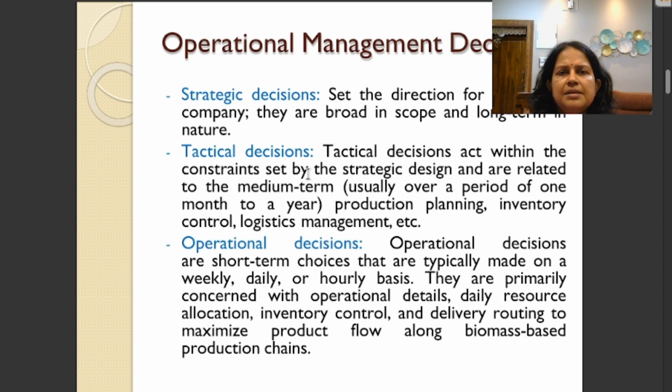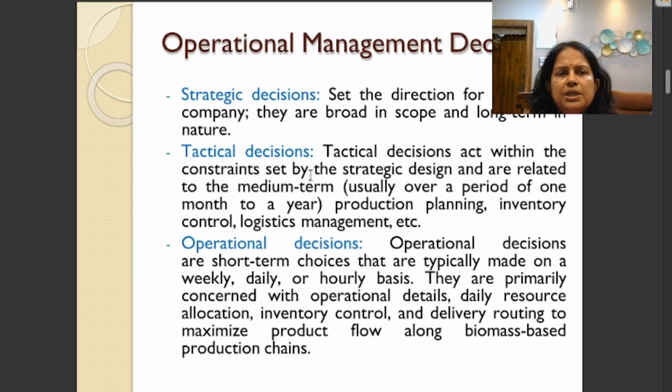Long-term means it can be 5 years, 10 years, more than 10 years that we plan. So the decisions which we take for a long period of time are called strategic decisions. It is always in years, 5 years, 10 years, beyond 10 years, that we need to plan. That is the strategic decision.